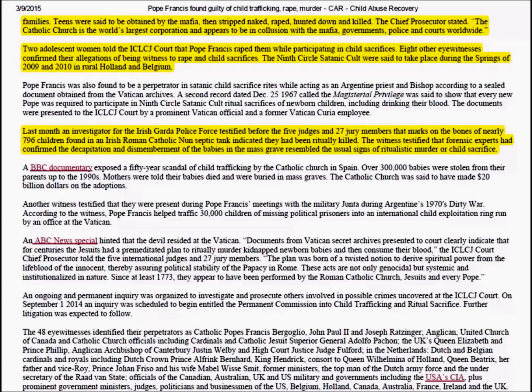The documents were presented to the International Common Law Court of Justice by a prominent Vatican official and a former Vatican Curia employee. Last month, an investigator for the Irish Garda police force testified before the 5 judges and 27 jury members that marks on the bones of nearly 796 children found in an Irish Roman Catholic nun septic tank indicated that they had been ritually killed.